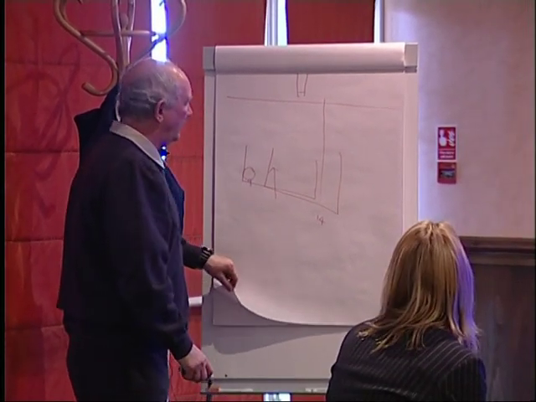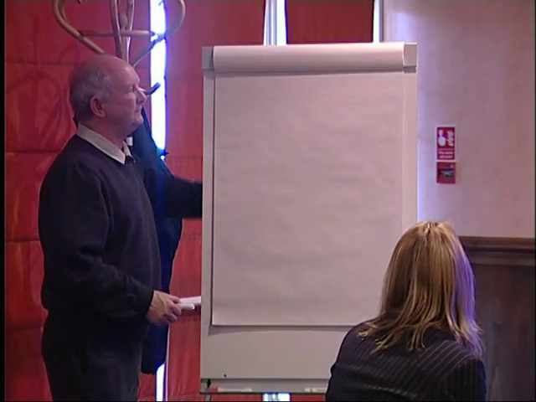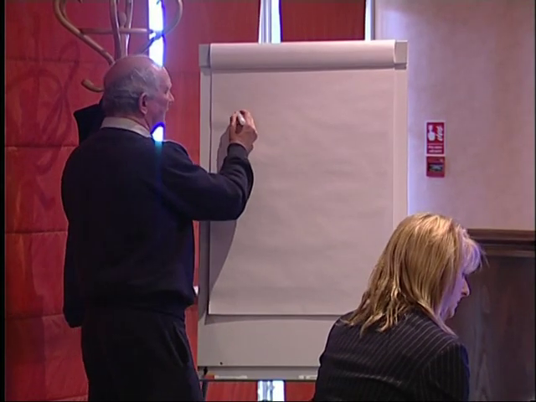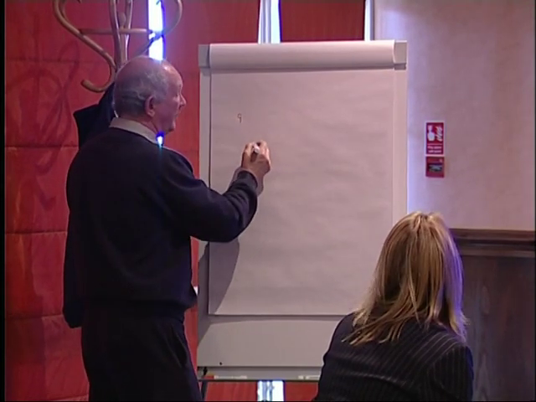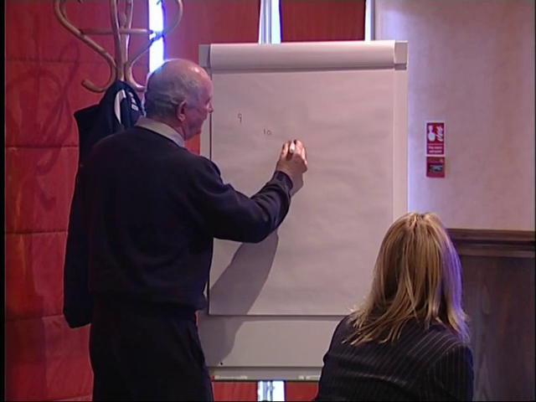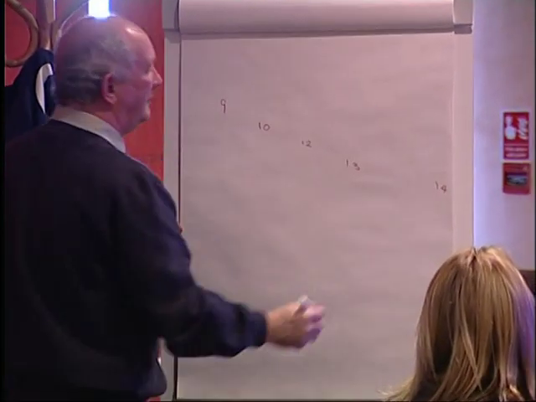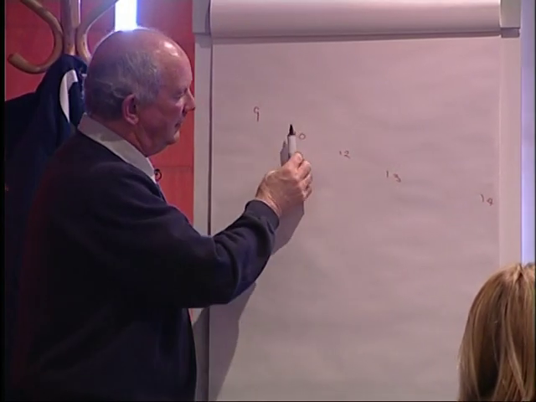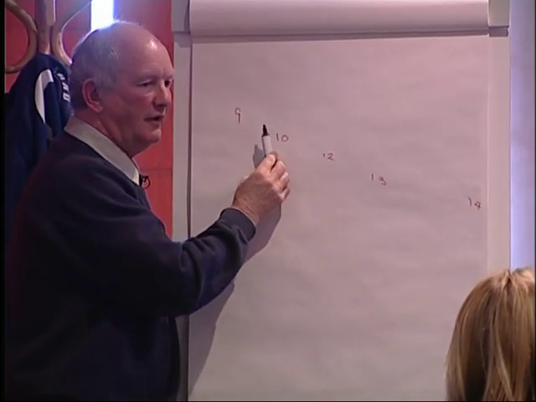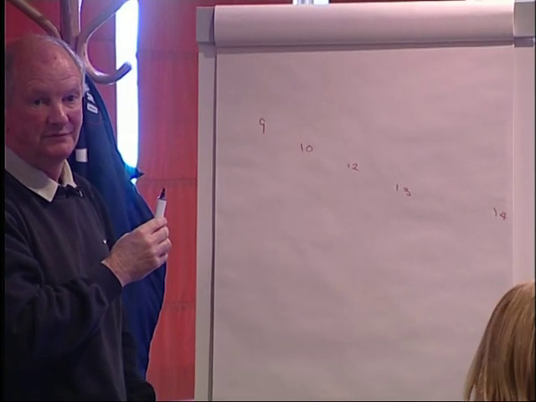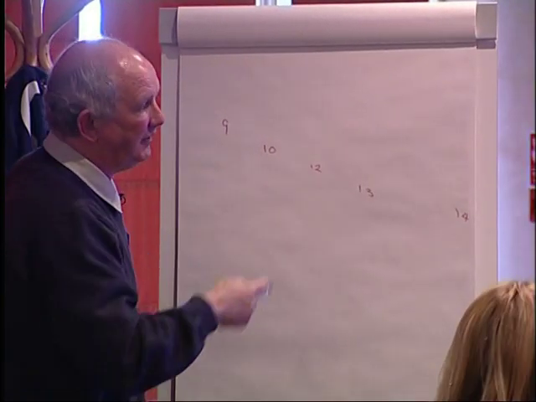The other thing was, if you're playing with width like that, we started off playing with width, so you'd have 9, 10, 12, 13, 14 there. If we're going to get some pace on the game, we had to consider the issue of depth.